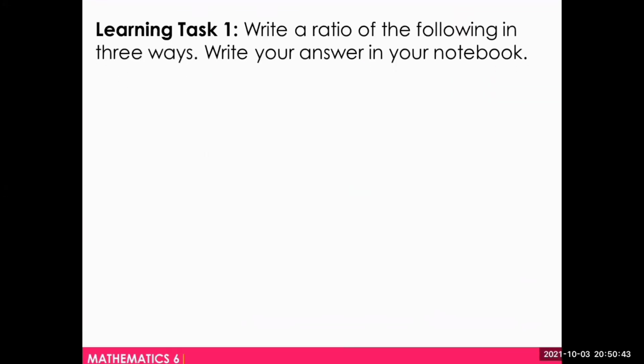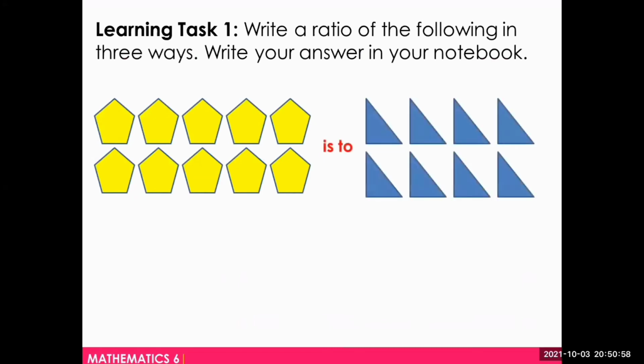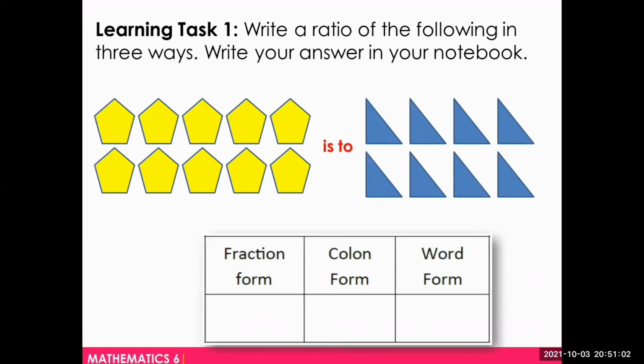Learning task number 1. Write a ratio of the following in 3 ways. Write your answer in your notebook. We have pentagons is to number of triangles. Sulat natin ang ating sagot sa fraction form, colon form, at word form.